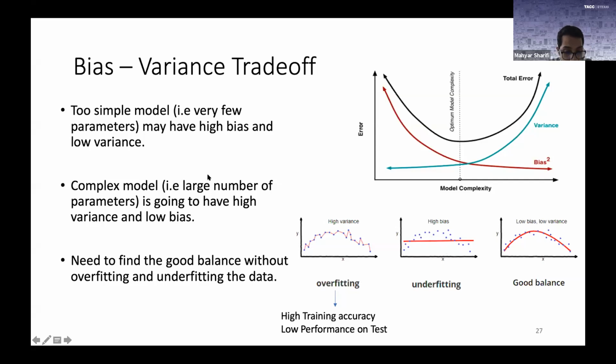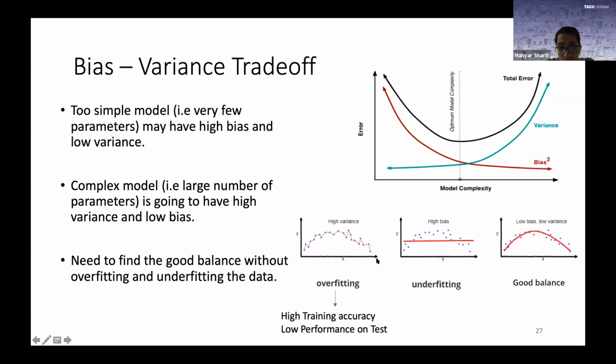Whereas in the other case, there is another parameter called variance, which is the variability of model prediction for a given data point. High variance pays a lot of attention to the training data and any outliers in the data set, and in that case it's not going to generalize to data that it has not yet seen. So for complex models with high variance, you're probably going to end up with an overfitting situation.